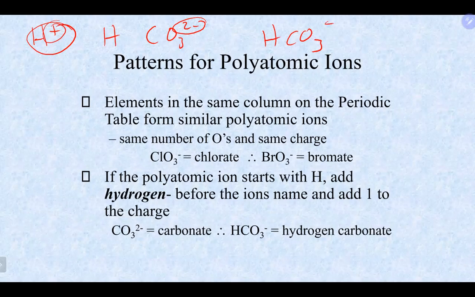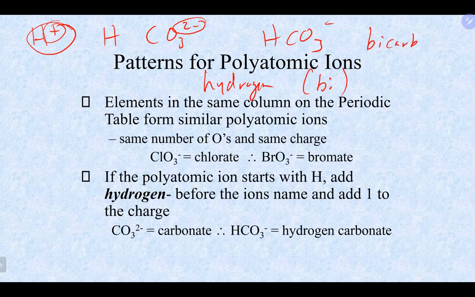That is called hydrogen carbonate, and is also very commonly referred to as bicarbonate, like sodium bicarbonate and all that kind of stuff. So that hydrogen is sometimes replaced in the name with bi. The two common ones you see are bicarbonate, which is hydrogen carbonate, and bisulfate, which is hydrogen sulfate, basically sulfate with an H plus on it.